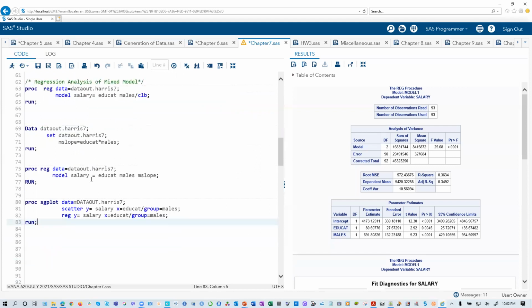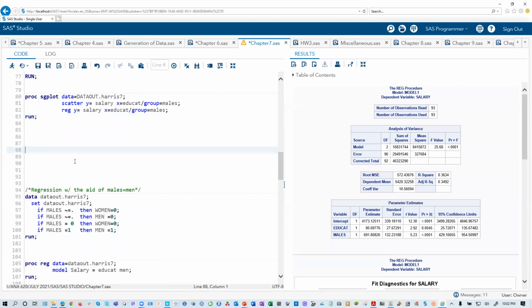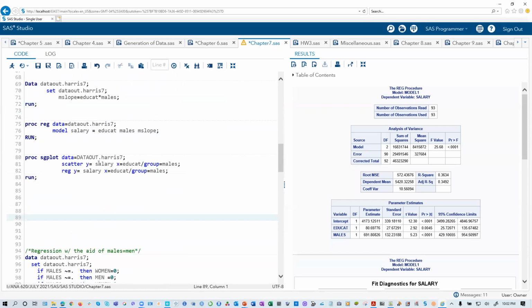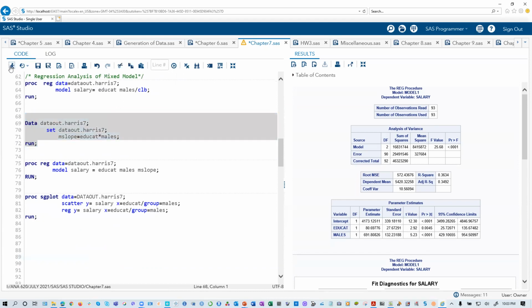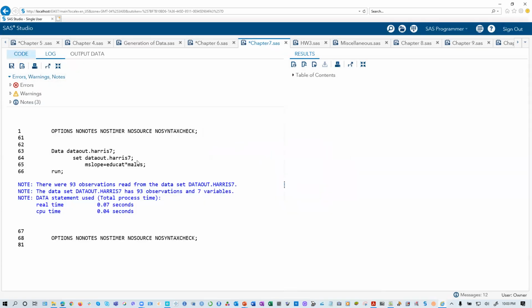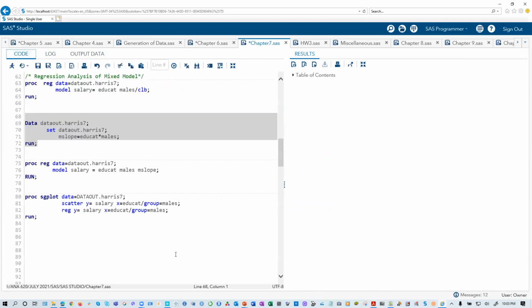So, see, you get this one. Okay, so go and put it back into that data set, and it loads.